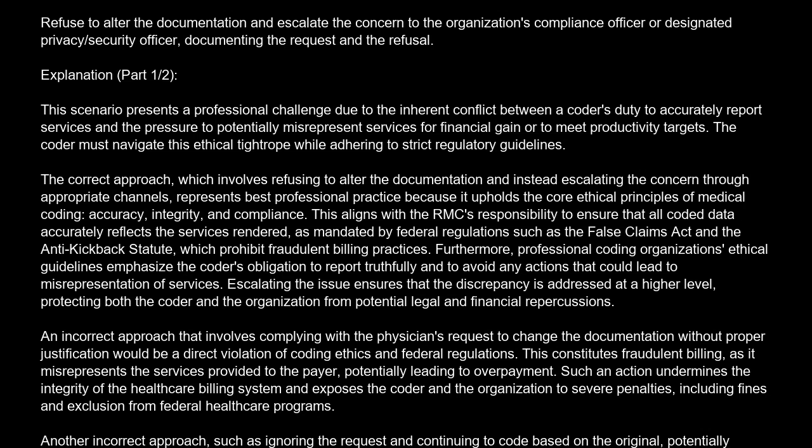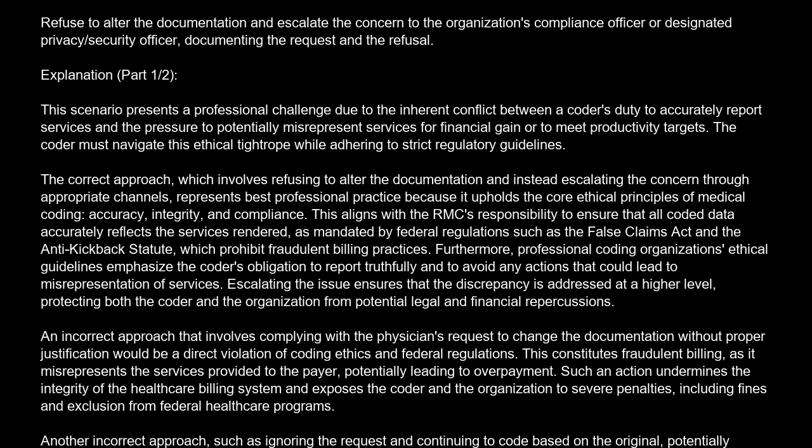Refuse to alter the documentation and escalate the concern to the organization's compliance officer or designated privacy/security officer, documenting the request and the refusal. Explanation. This scenario presents a professional challenge due to the inherent conflict between a coder's duty to accurately report services and the pressure to potentially misrepresent services for financial gain or to meet productivity targets.